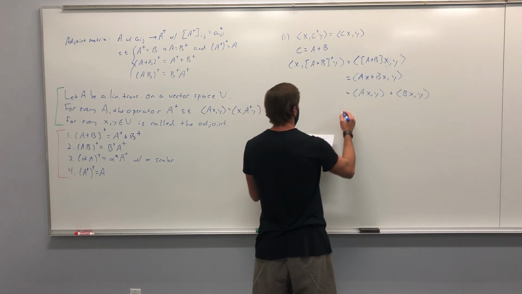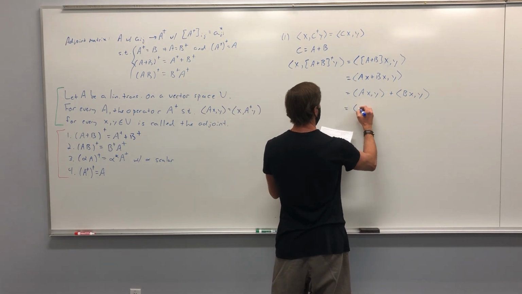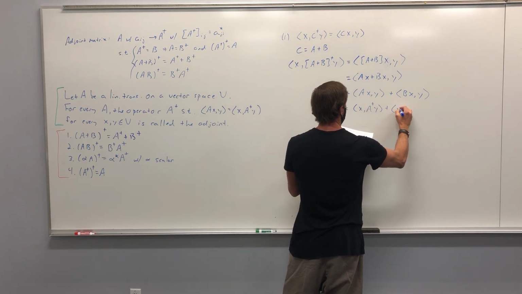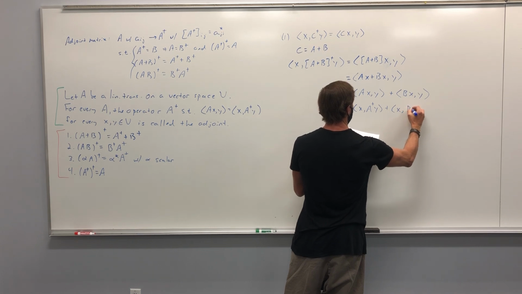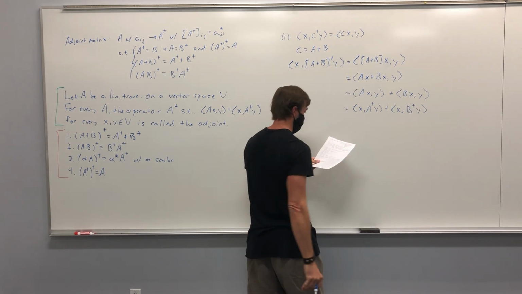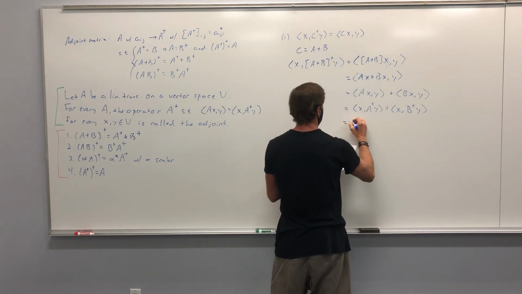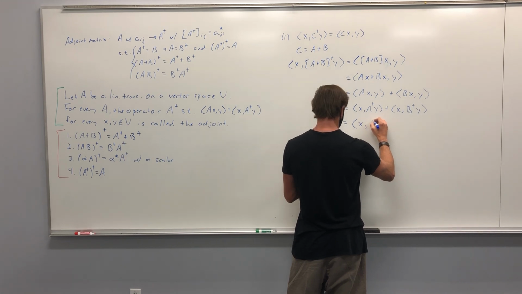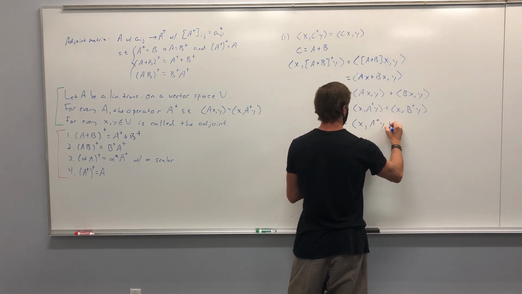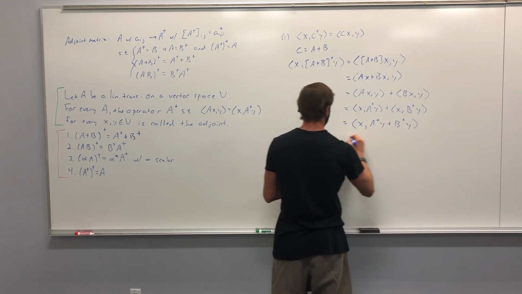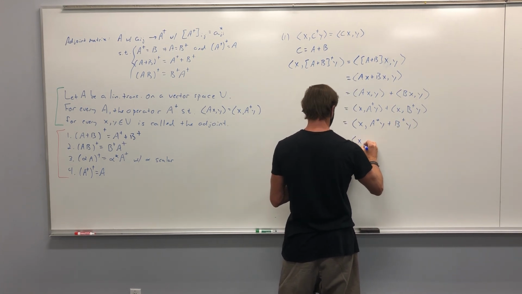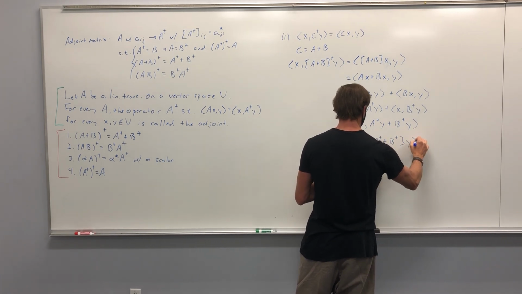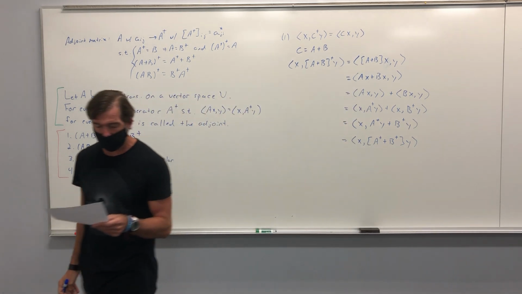Okay? Now let's use the definition of the adjoint. Okay? And now let's undo the linearity of the inner product. Okay?